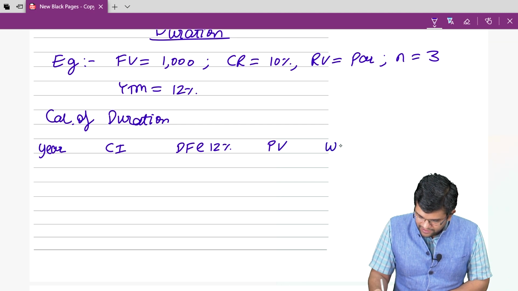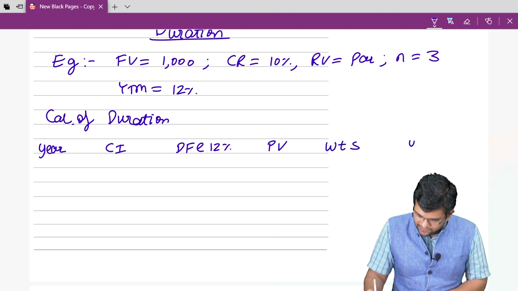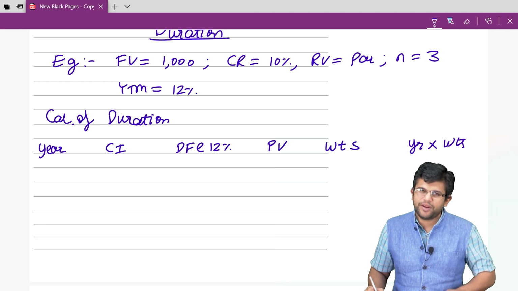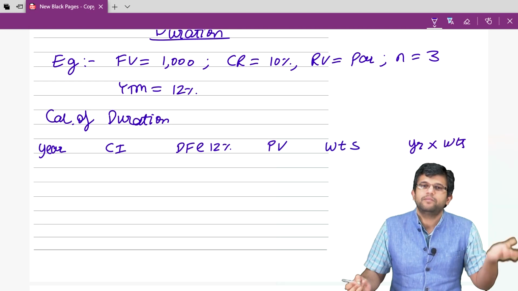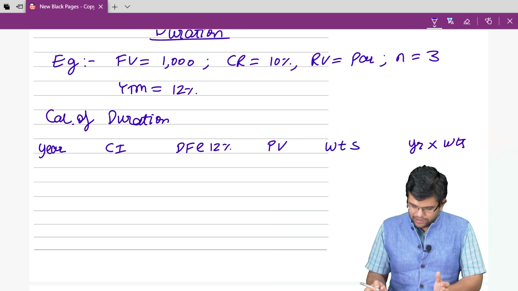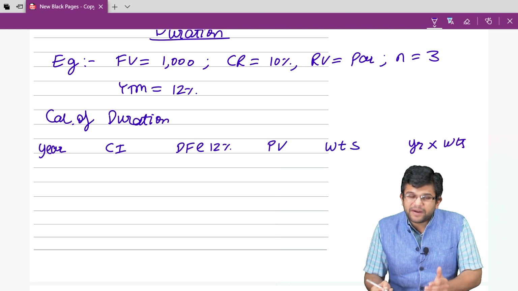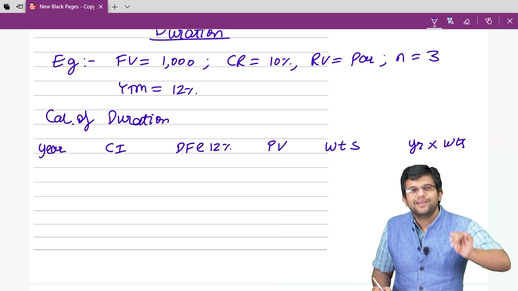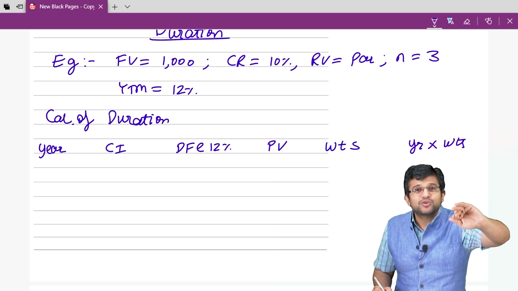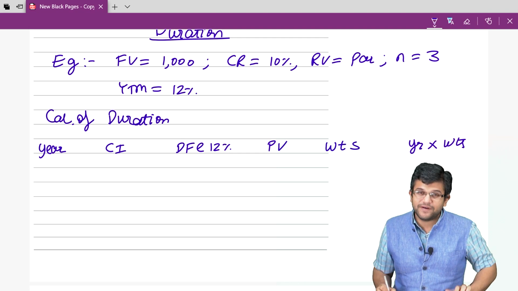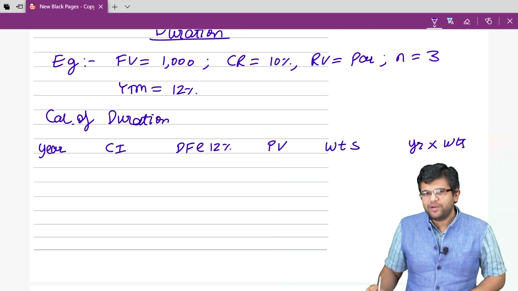Then children, we have something called weights, and then we have year into weights. This was the first method I taught you in duration. Then I told you ICEA has one more method, and we have solved many questions based on the ICEA method only. But to explain this particular equation, so that you understand bond convexity, for that I am taking this first model of calculating duration.